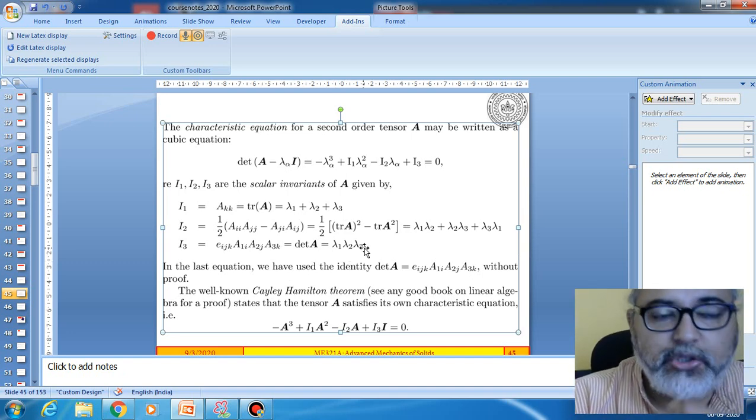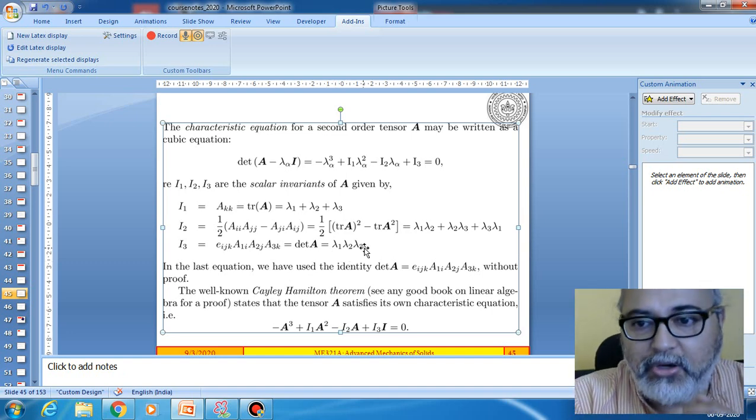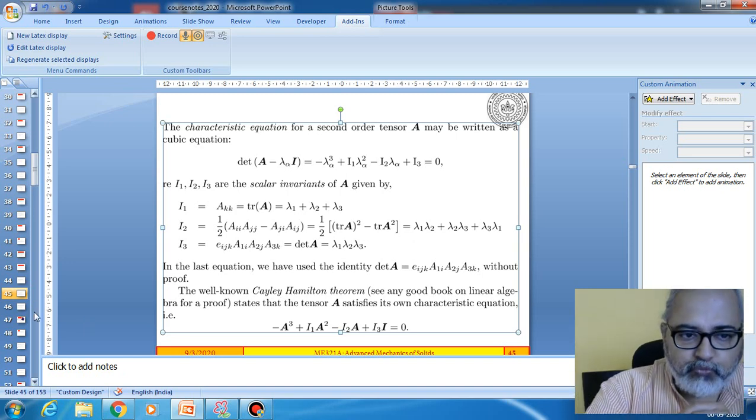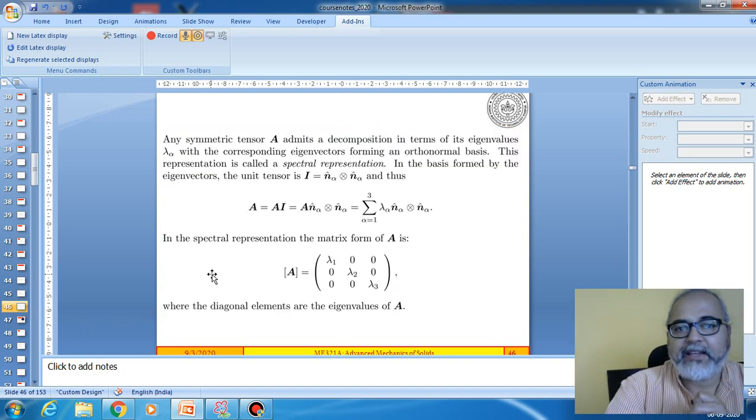So the special coordinate system is called the principal directions, and you can represent a second order tensor in terms of its eigenvalues in the space spanned by its normalized eigenvectors. Remember A is a second order tensor, so it is spanned by the dyadic products of the basis vectors.